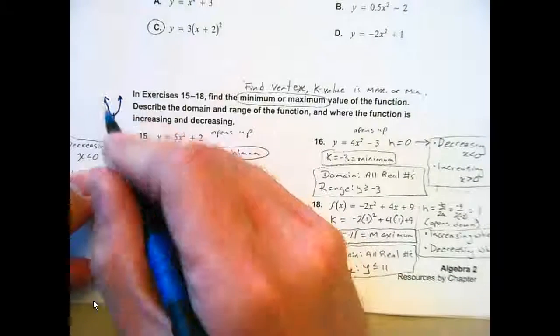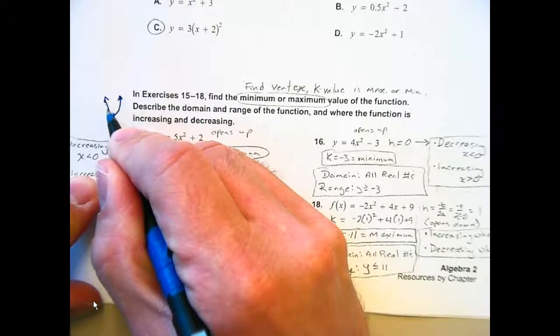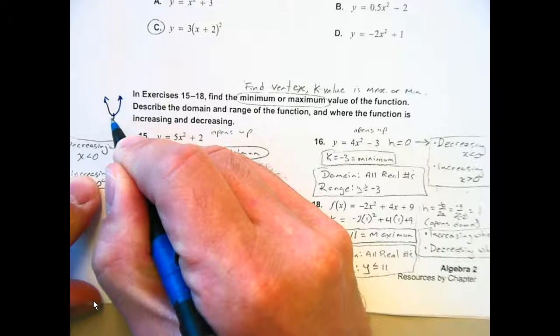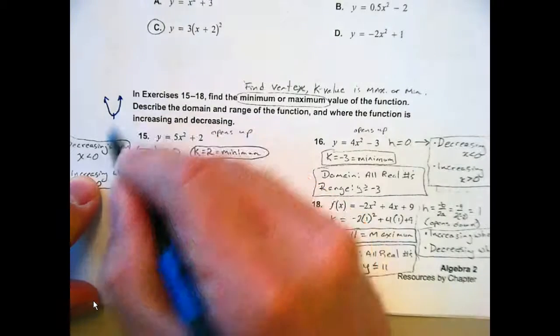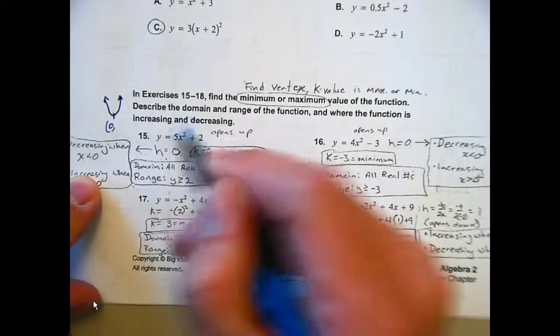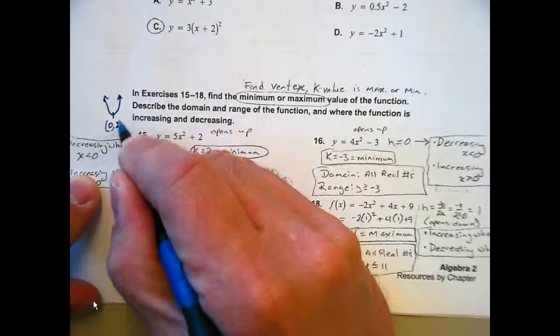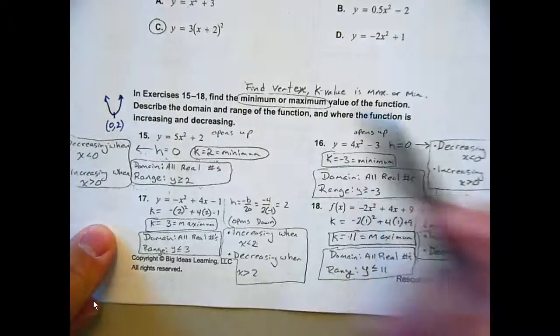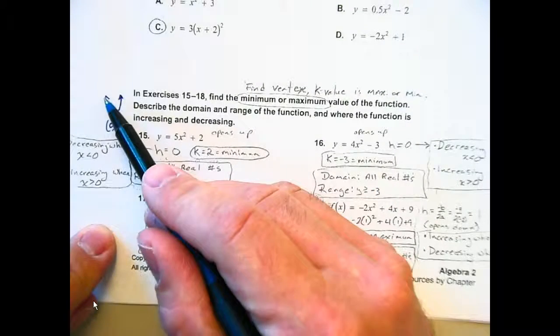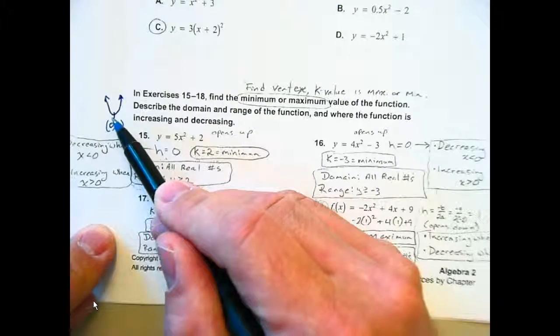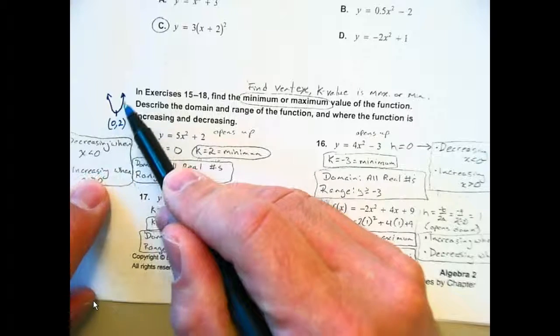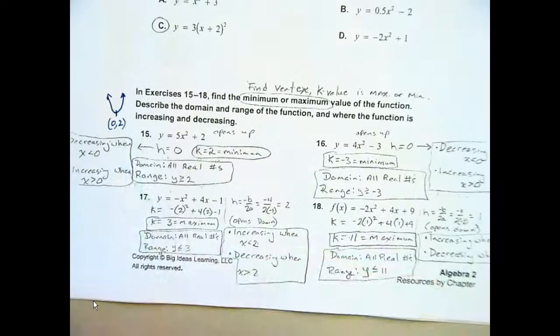So it's decreasing as x is less than 0, and once x is greater than 0, it's increasing. So if this is the ordered pair 0, 2, I think, for this. So when you're describing your increase or decrease, it's decreasing when x is less than 0, increasing as x is greater than 0.